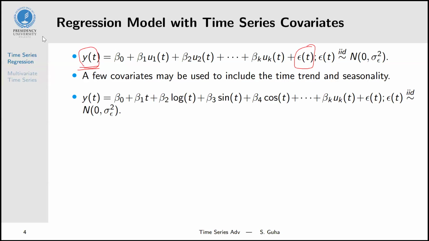But there may also be terms where the auxiliary variable only includes that today is the first day, tomorrow is the second day, and the day after tomorrow is the third day. So it will just contain the time variable, which is not a random variable, but a deterministic variable. It will include that time variable in the form of a covariate.